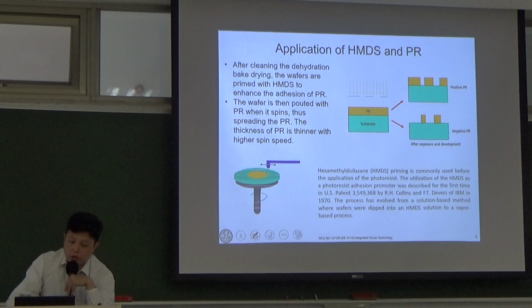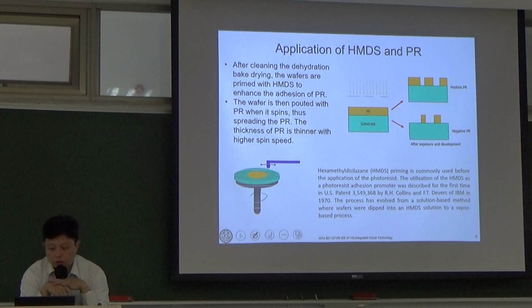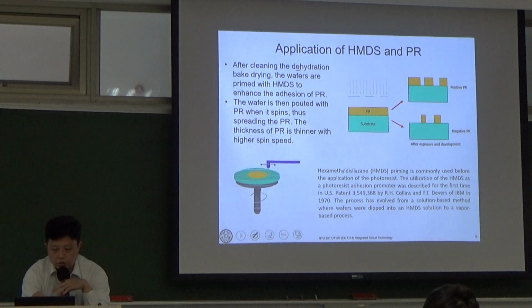So first we have to apply photoresist on top of your substrate. Okay, so after we clean and do dehydration baking, which will dry out those water vapors on the surface of your wafers, then you can prime with HMDS.